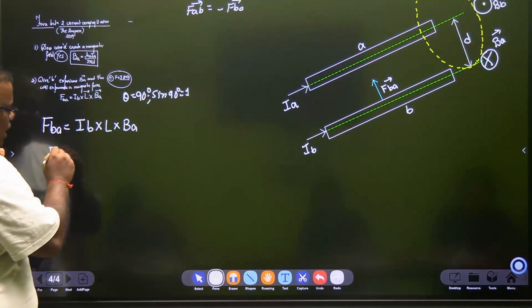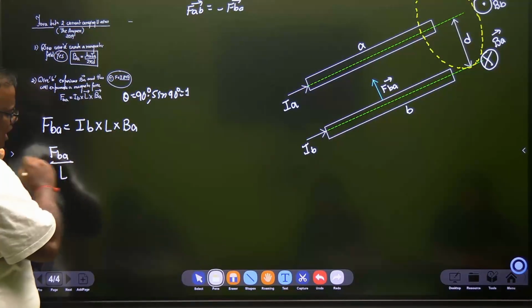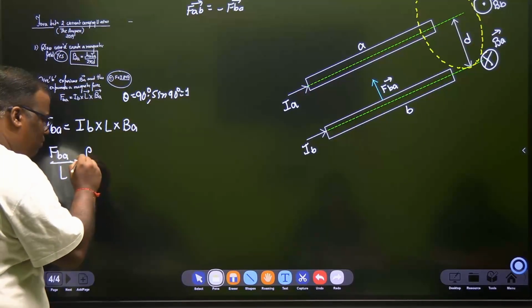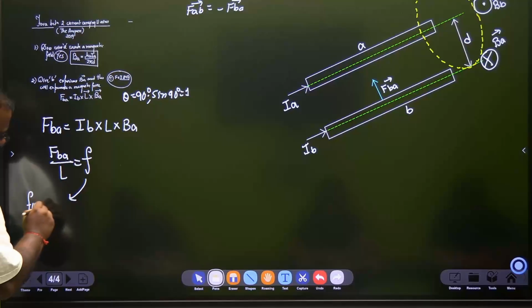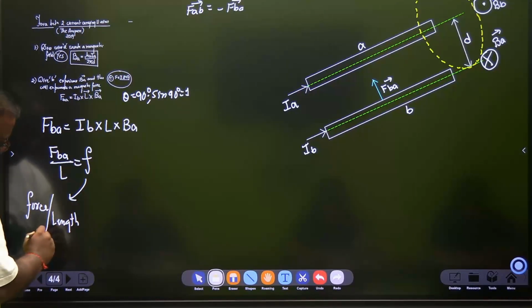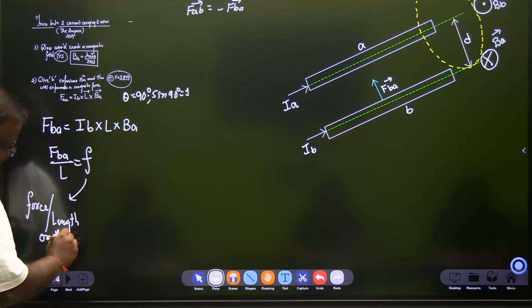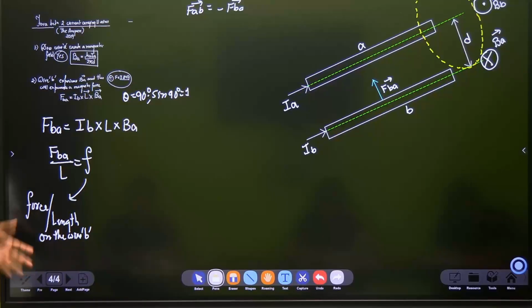I bring out FBA and I bring the L on this side, and I call this some force F. What is this force? This is the force per unit length on the wire. And in our case we are doing it for wire B. Ultimately it is telling you for both.